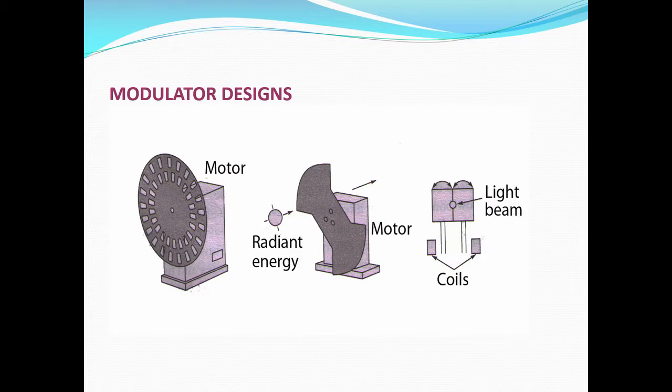These are some of the modulator designs I have shown you here. The first one is a motor, the second one is radiant energy, this keeps on rotating, this is a wheel which will give you alternate slots and blank spaces, and here is the fan-like arrangement, and the light beam is shown here with coils. This is for electronic measurement.